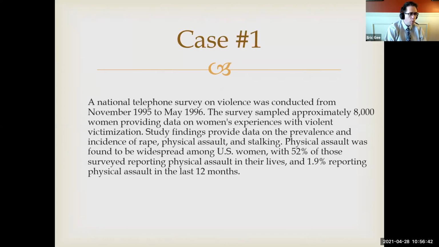Physical assault was found to be widespread among U.S. women, with 52% of those surveyed reporting physical assault in their lives and 1.9% reporting physical assault in the last 12 months. All right, so let me put that same poll up again. Okay, so which type of design is this particular study?